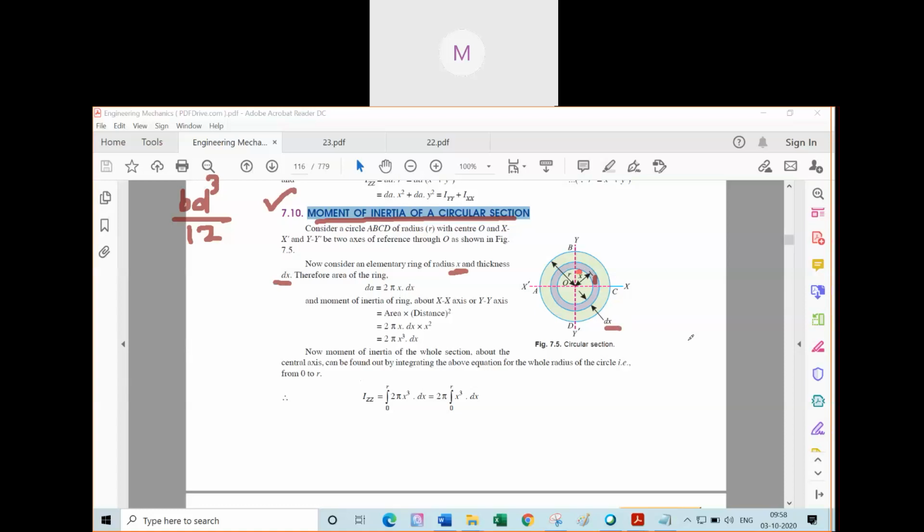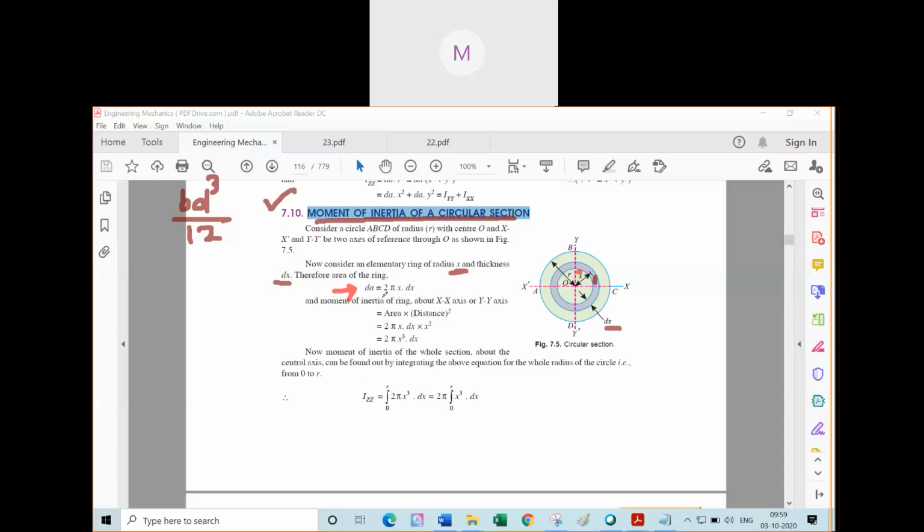So if it is having a radius of x and thickness dx, then area of the ring is dA equal to 2 pi into x dx. Remember this.